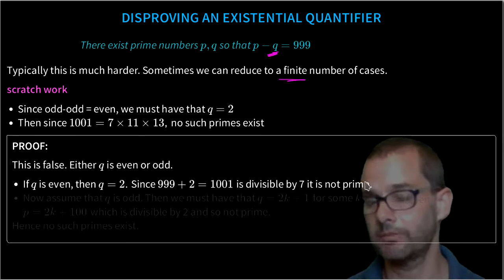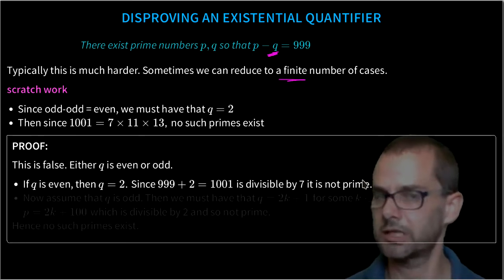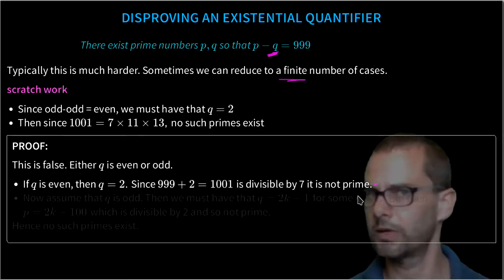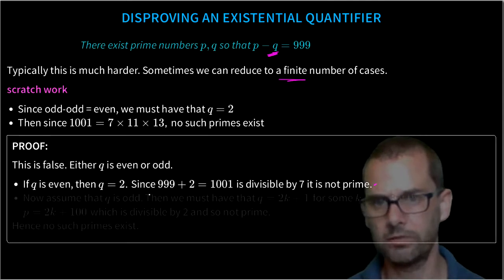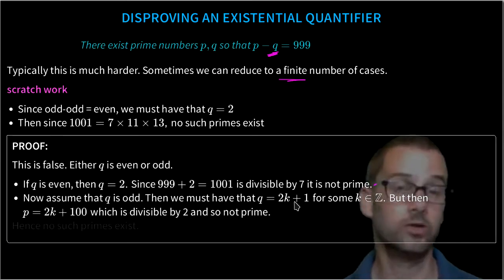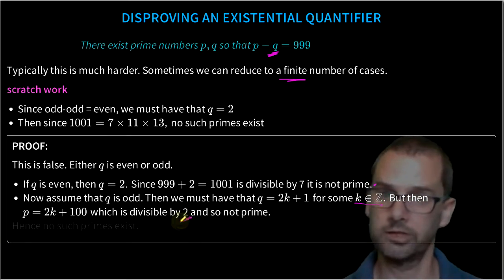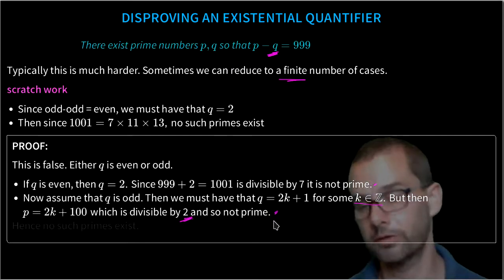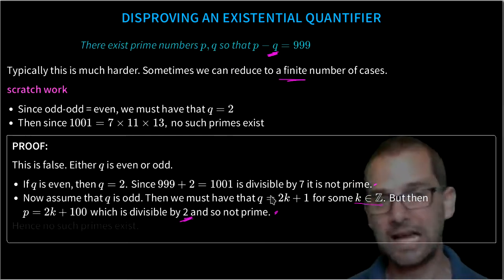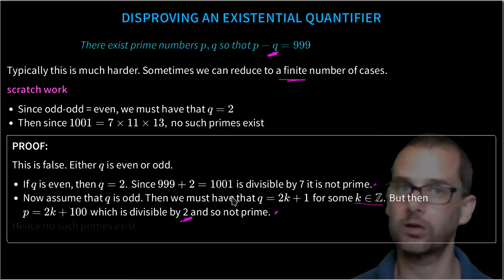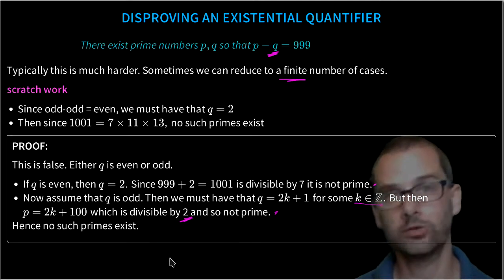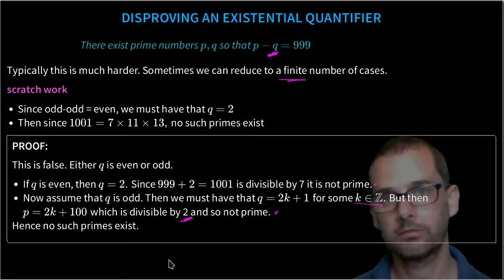So the only number it could be isn't actually a prime number. There's case 1 done. On the other hand, if q is odd, then q is 2k plus 1 for some integer k. But that makes p equal to 2k plus 1000, which is divisible by 2, and so not prime. So in either case, there are no prime numbers that are going to work. So no such primes exist. Okay, let's stop there.